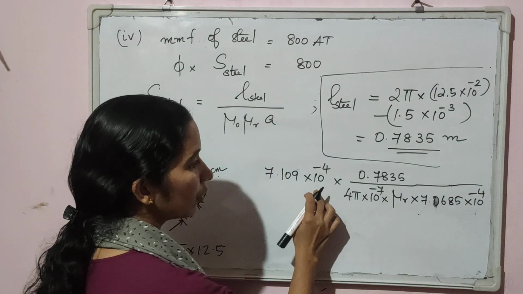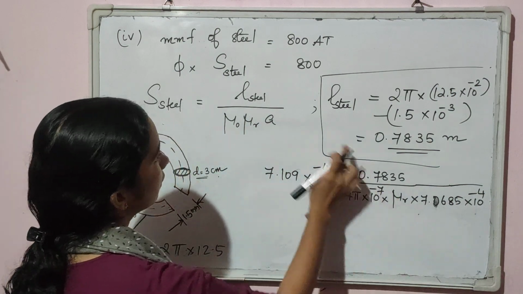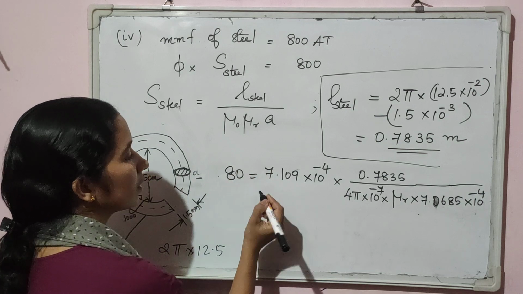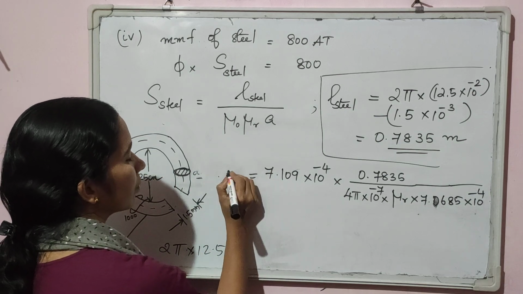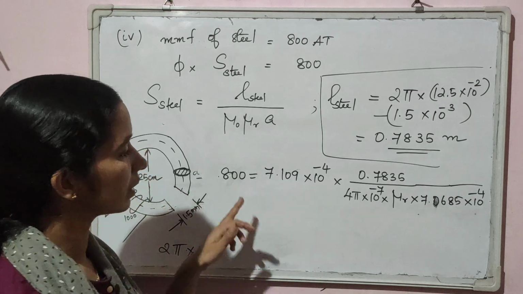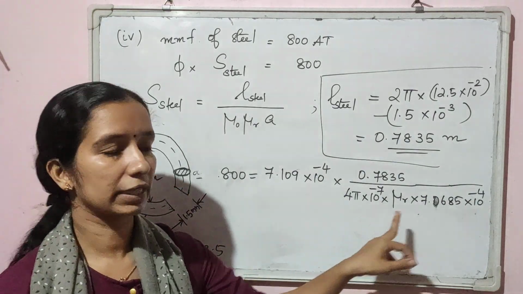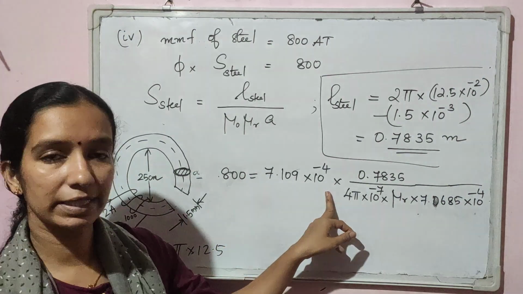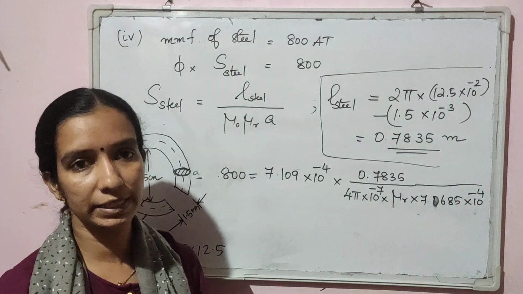So phi into the reluctance is equal to 800. MMF of steel is 800, which is equal to flux in the circuit into reluctance of steel.